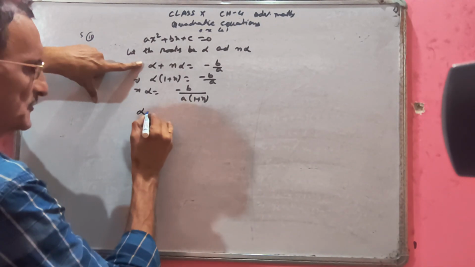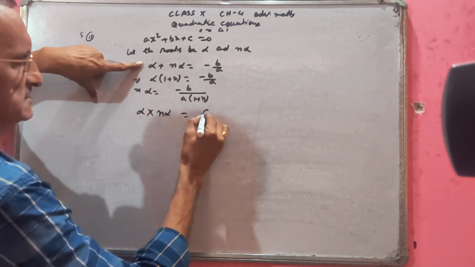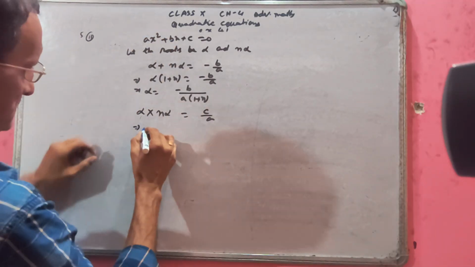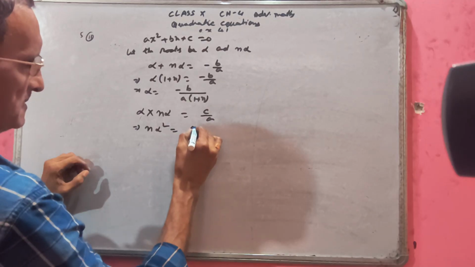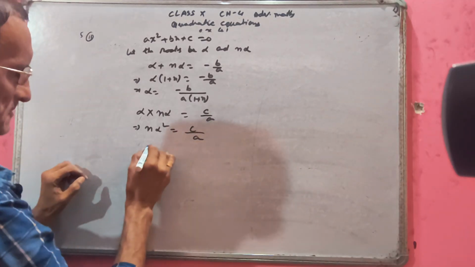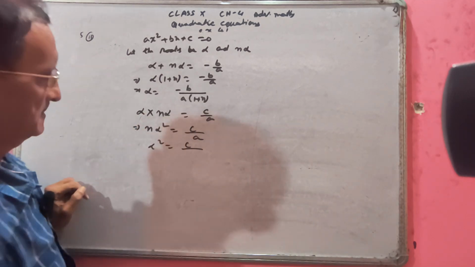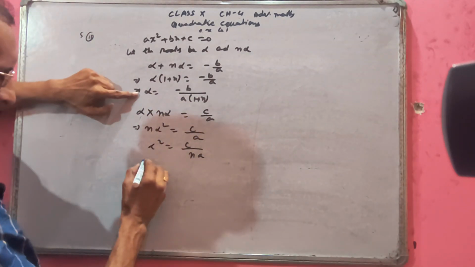Now product of roots, alpha into n alpha is equal to c by a. So what you will get? N alpha square is equal to c by a. So alpha square equal to c by na. Put the value of alpha from here.